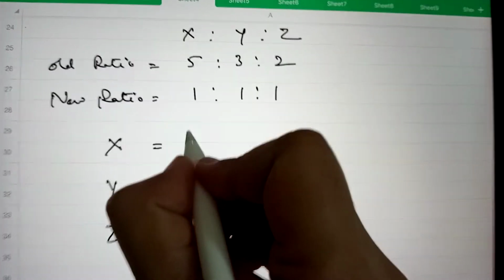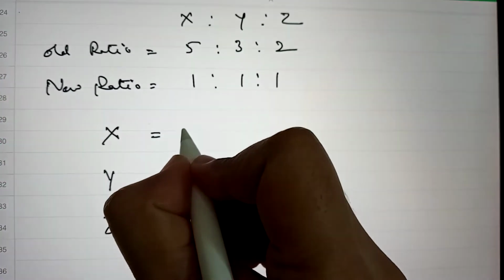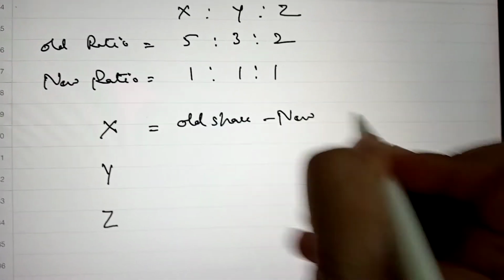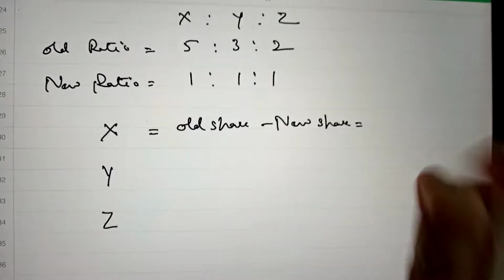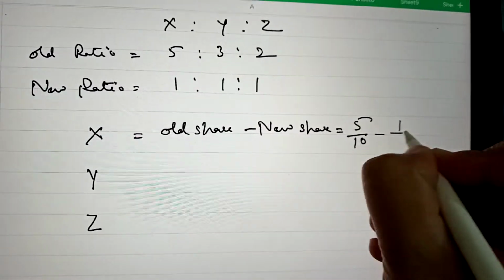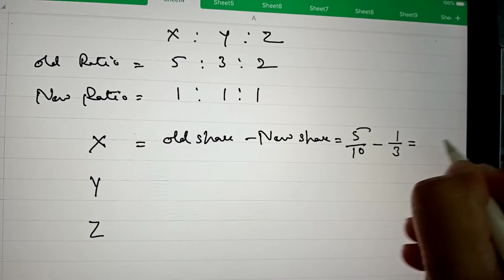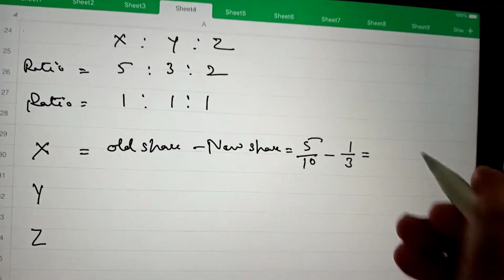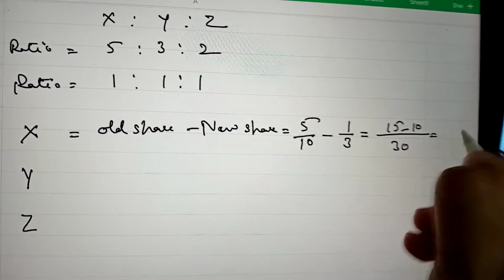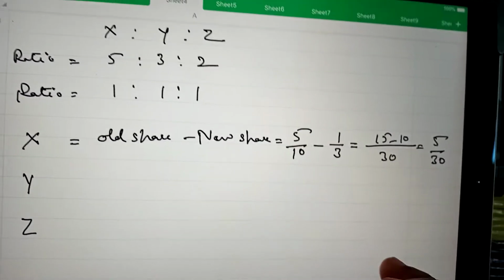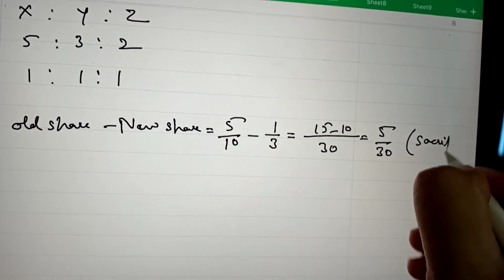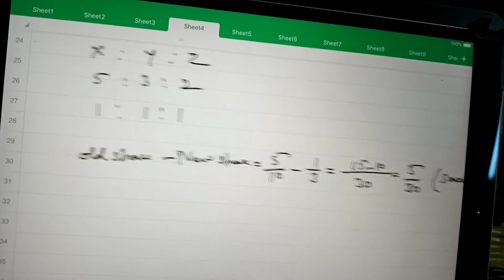So X's sacrifice is equal to old share minus new share. His old share is 5/10 and new share is 1/3, and the answer is 5/30. It is the sacrifice because the answer is positive.